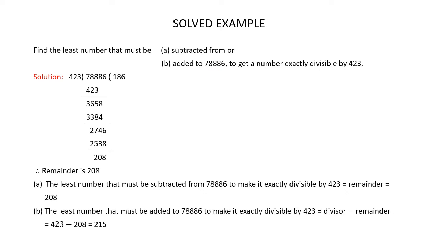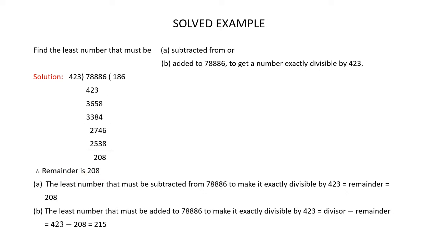You have to find the least number that must be subtracted or added to this number to make it exactly divisible by 423. So first divide 78886 by 423. When you divide this number by 423, you get 186 as the quotient and 208 as the remainder. So the remainder is 208.